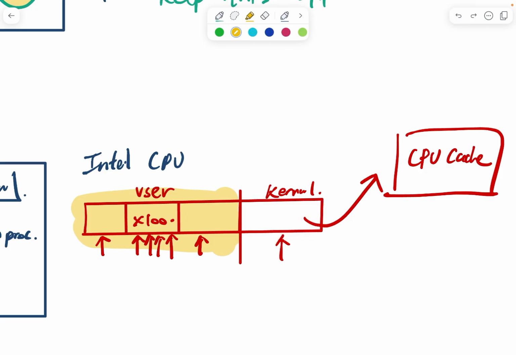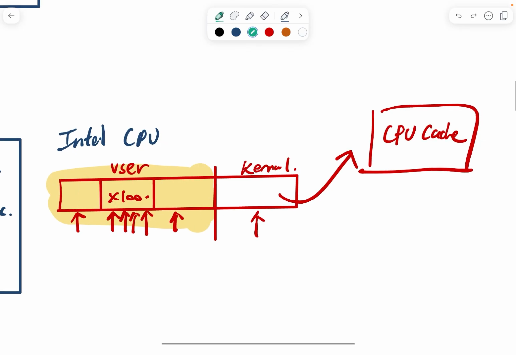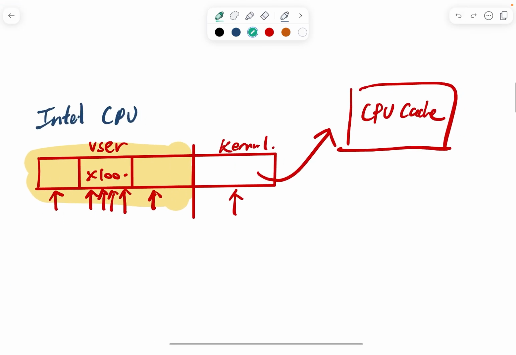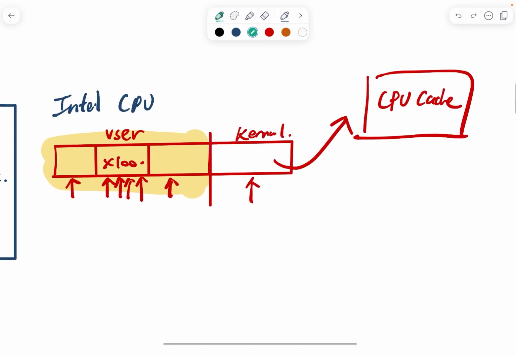And CPUs are actually pretty smart. They know that accessing this piece of memory is invalid for you. It shouldn't be returning anything for you. So the CPU can realize the problem, but it realizes the problem afterward.